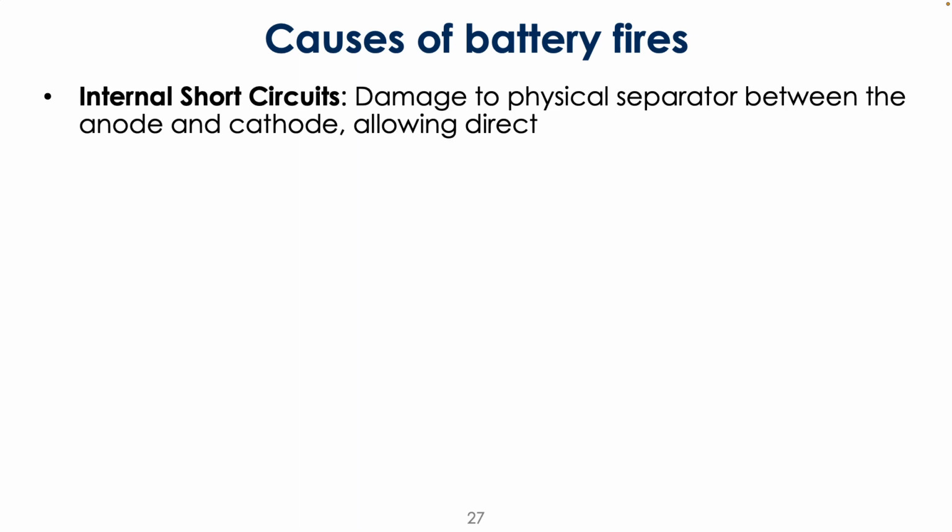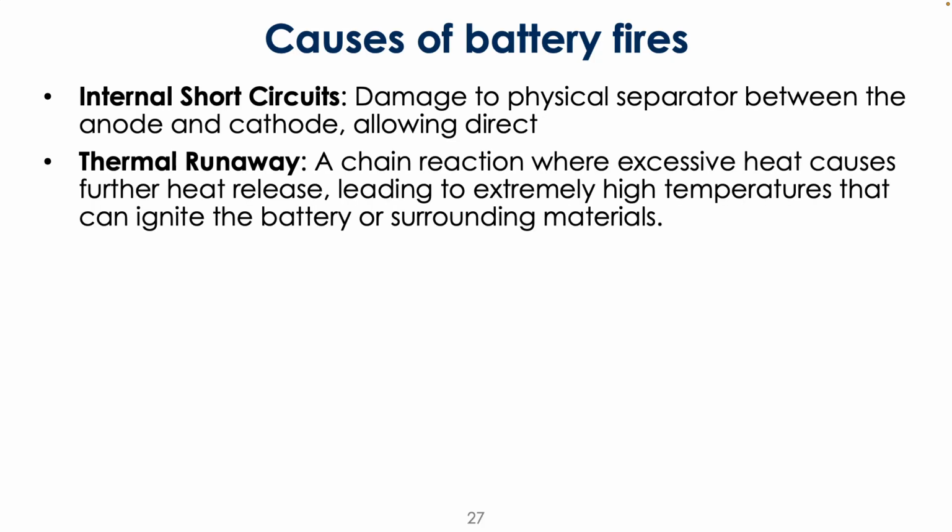So, causes of these battery fires. Internal short circuits: damage to the physical separators between the anode and cathode allows for a direct release of your ions to go where they want, releasing that potential energy. We typically think about these things as thermal runaways.